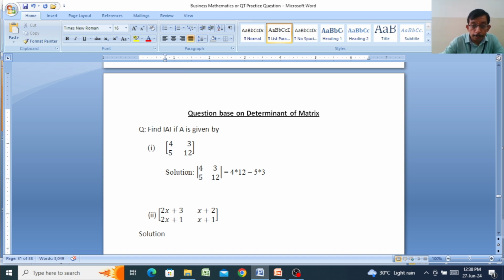Then 4 times 12 is 48, minus 5 times 3 which is 15. The value of the determinant is 48 minus 15, which is 33. That is the answer. It is clear, everyone?